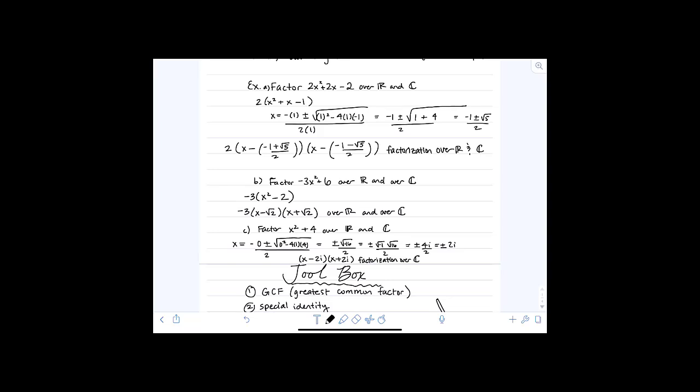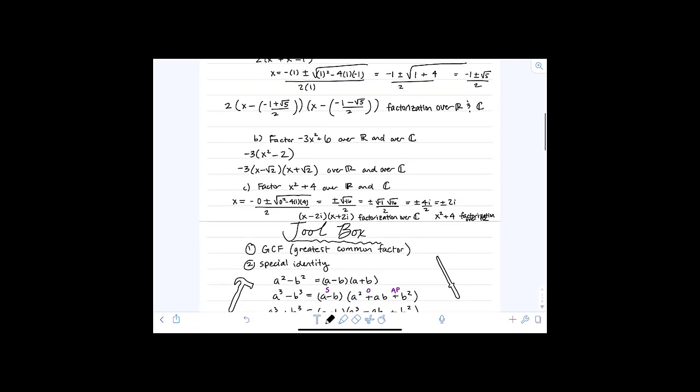And then over R, the factorization is just the original quadratic, as we couldn't break it down. Okay, so sorry for the crowding there, but our factorization over C is definitely different than the factorization over R for this example. Okay, so I think this one highlights the idea of what we're going for here. We're going to get a little bit more broken down over C than over R.